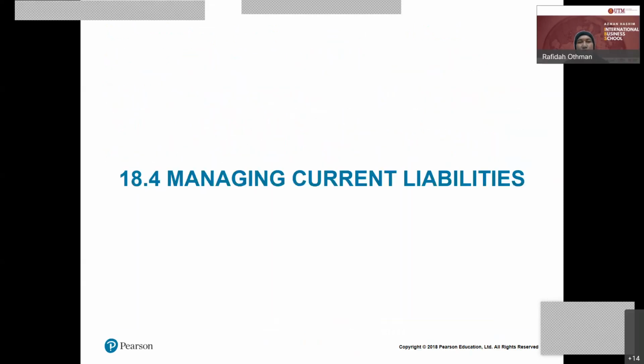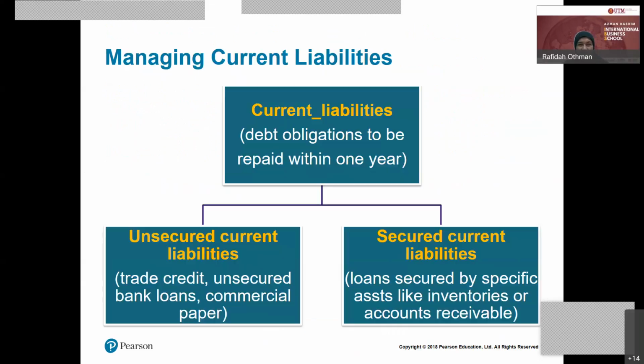Okay, so what you do is you manage your current liabilities first. Managing current liabilities means that you manage your debt obligations. This current liability is within 1 year. All right, so your current liability is inclusive of trade credit and unsecured bank loans.